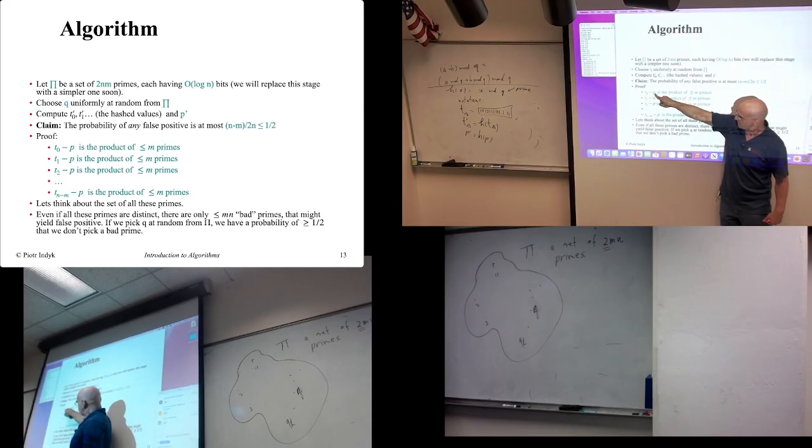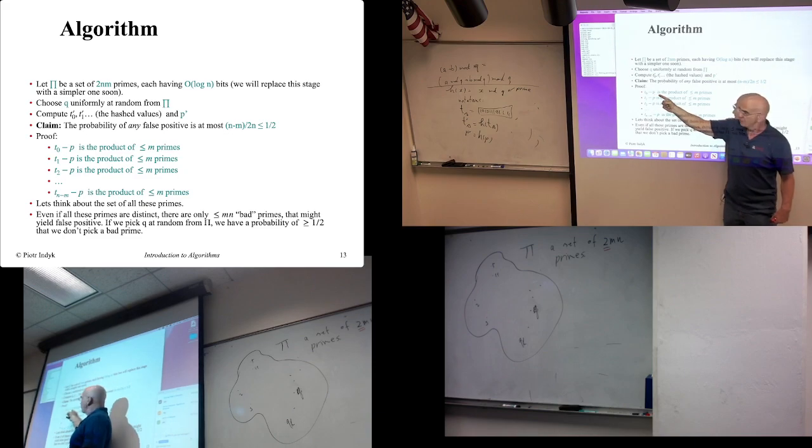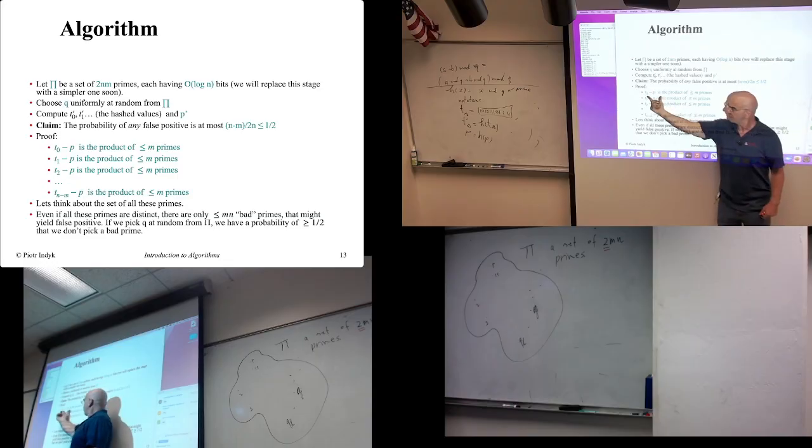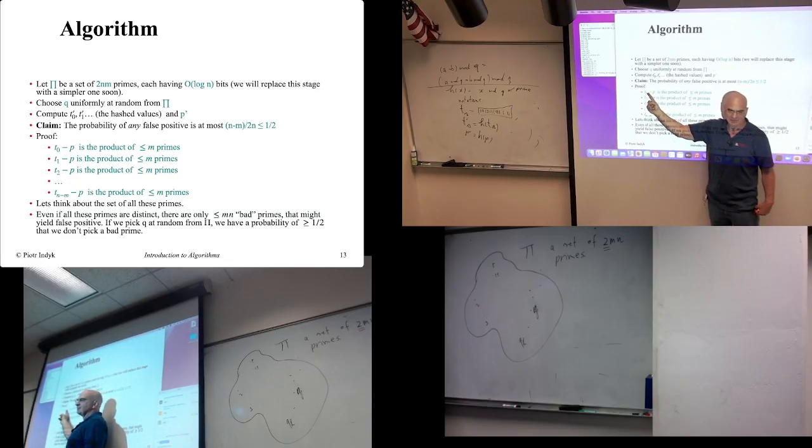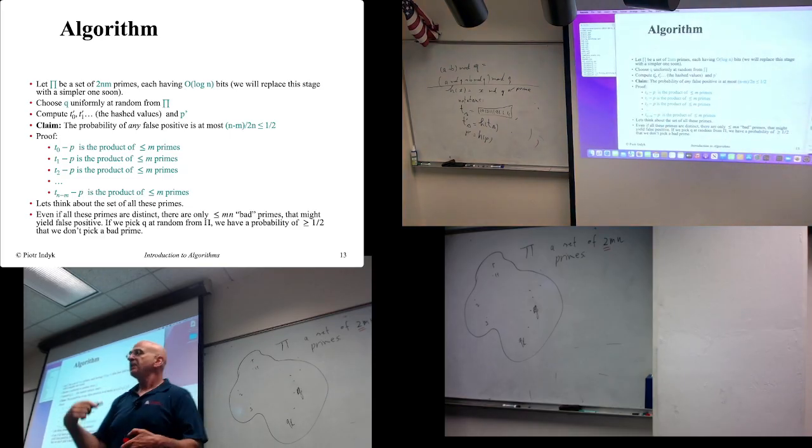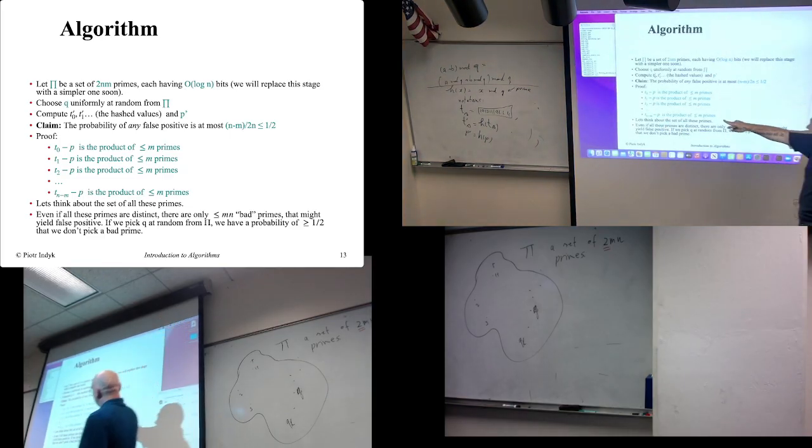Assuming, of course, that this is not a match, then it will be a false positive if I pick the q that divides it. So how many primes participate in the prime decomposition of this number? I look at the prime decomposition of this number. Of course, I don't do it algorithmically, just as part of the proof. How many primes participate in this number?